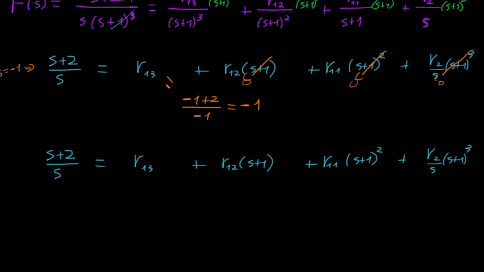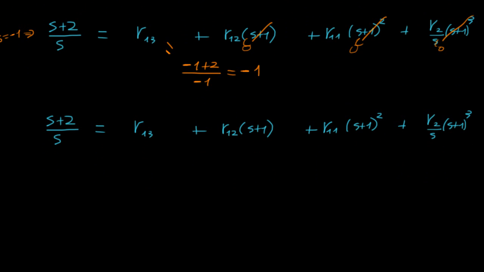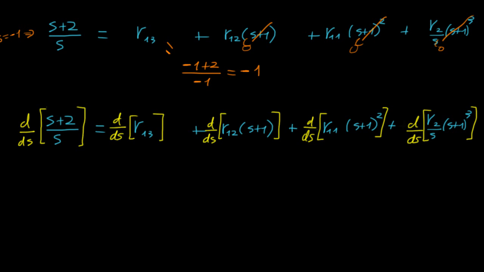Okay, the second residue comes from the differentiation, so let me apply the same trick. The derivative of this part here is the derivative of the numerator, which is 1, times the denominator, minus the derivative of the denominator, which is 1, times s plus 2, which is the numerator, over the denominator squared.